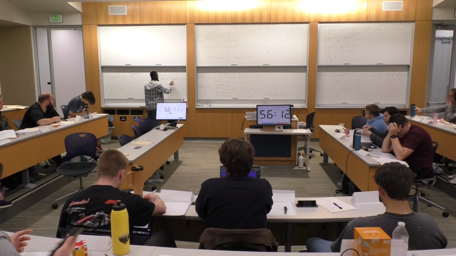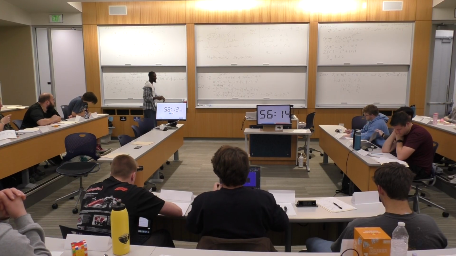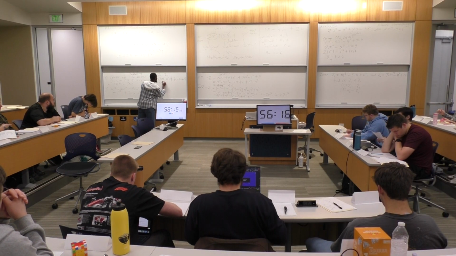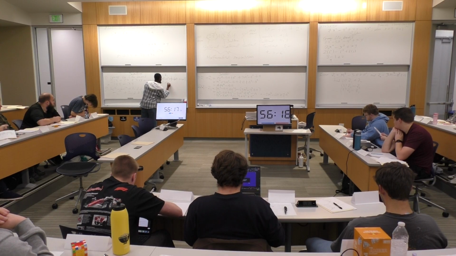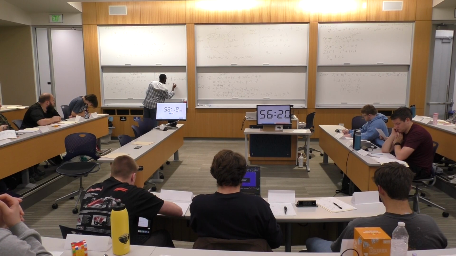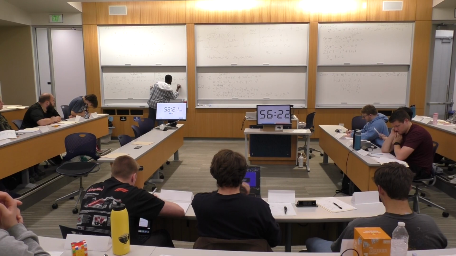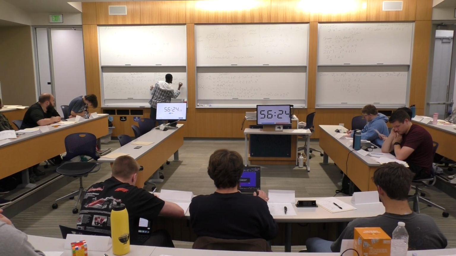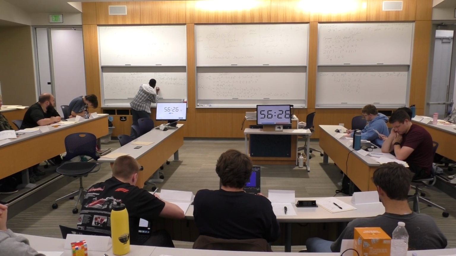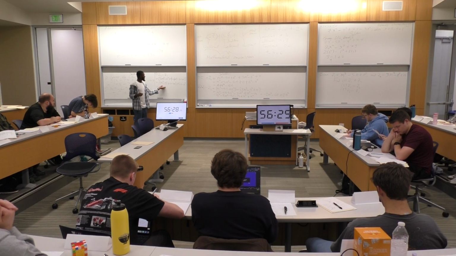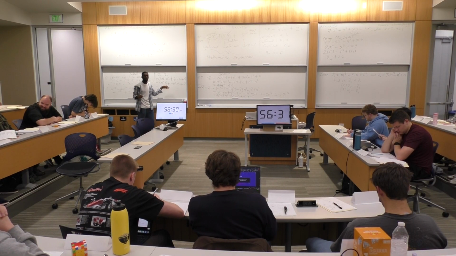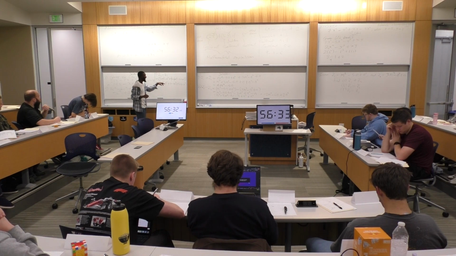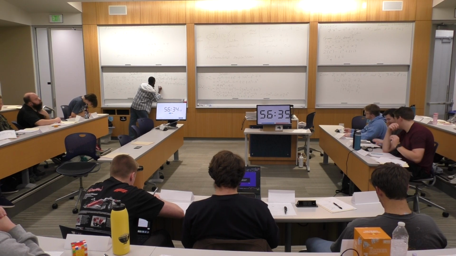You do the same thing, use this negative one to distribute, and you have 3m cubed minus n squared plus n minus m cubed plus 5n minus n squared. So at this point, you group the like terms.